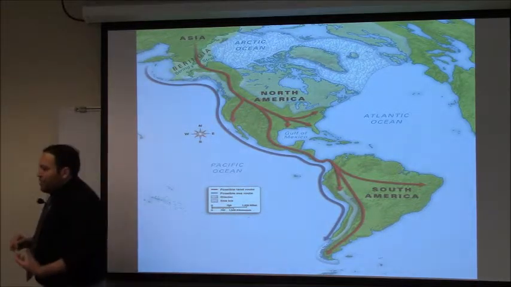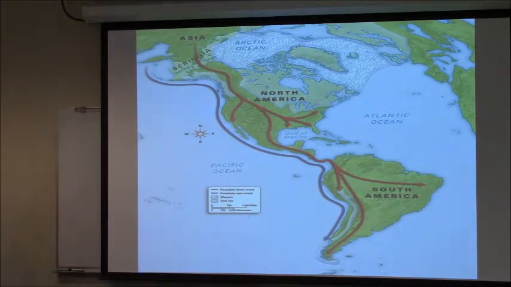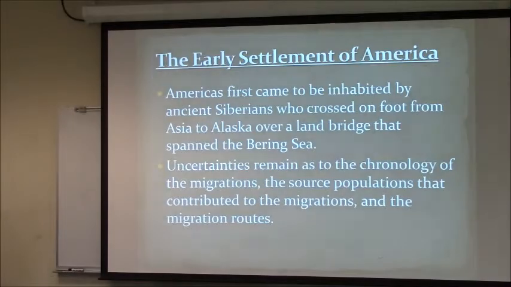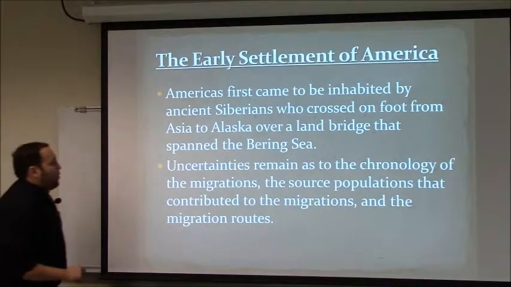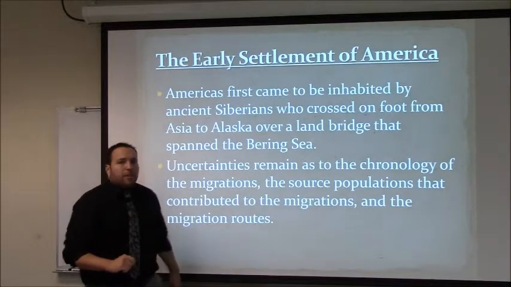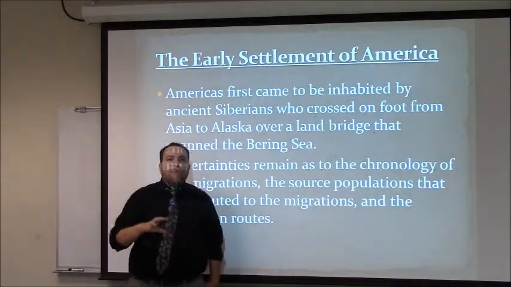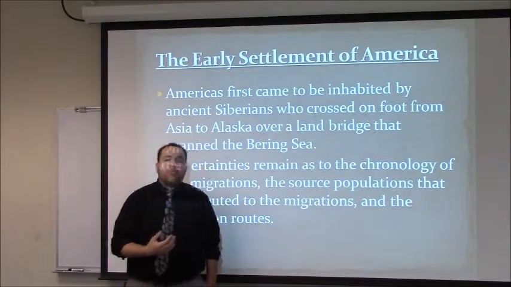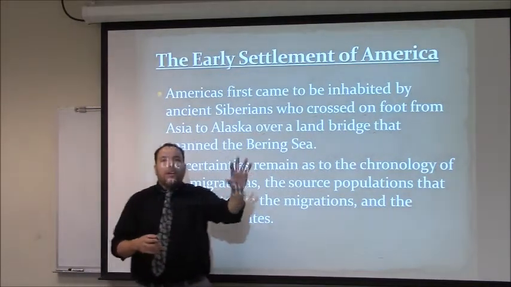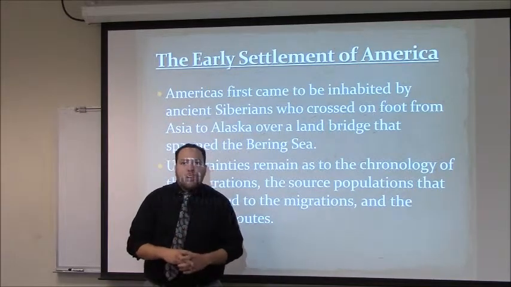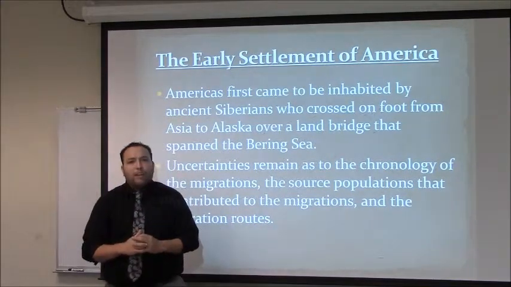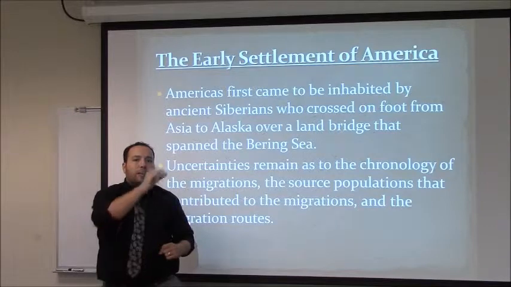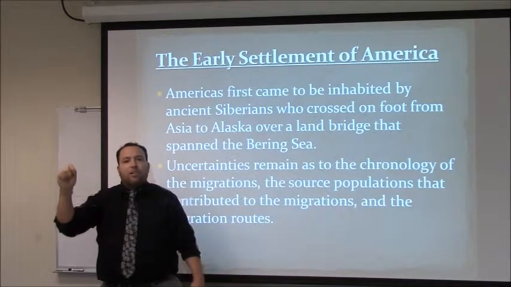How they did this, most historians and archaeologists agree that they came probably on foot, and most likely, as I said before, early humans were big game hunters, so they were following big game into North America. Some people also speculate that early humans came by boat, kind of hopscotching along the coast.